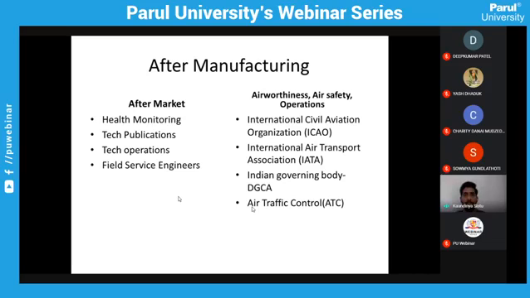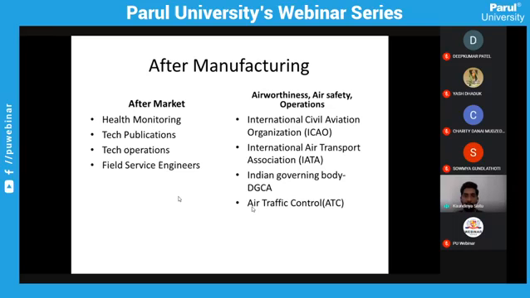So ICAO is the International Civil Aviation Organization, which deals with all the civil aircraft, like air paths. Every flight has a flight path, which is also restricted by time and place.